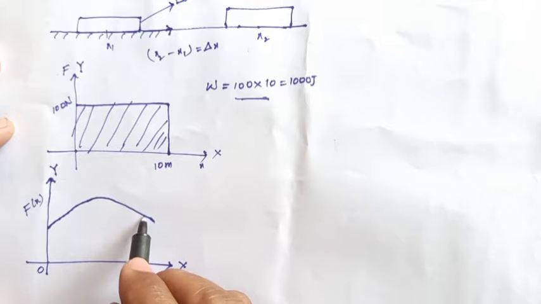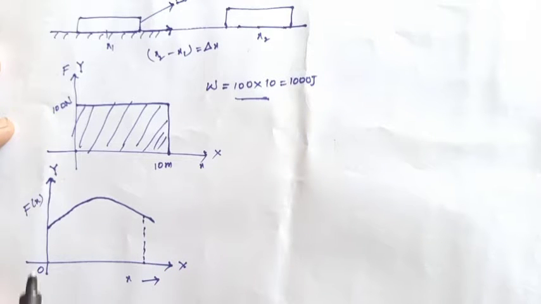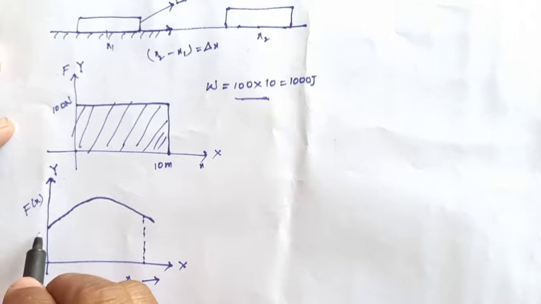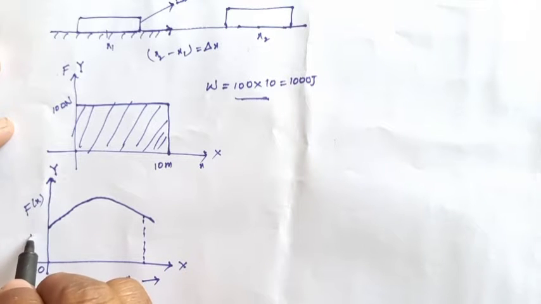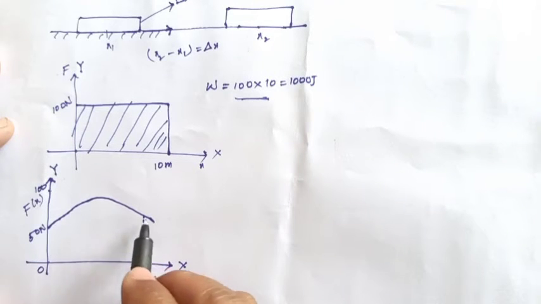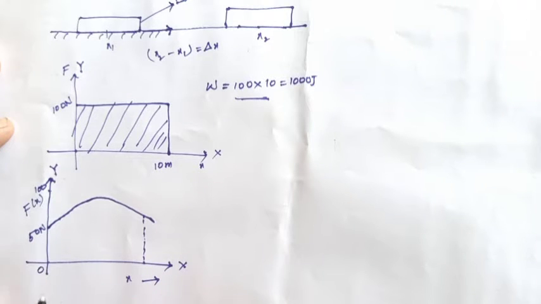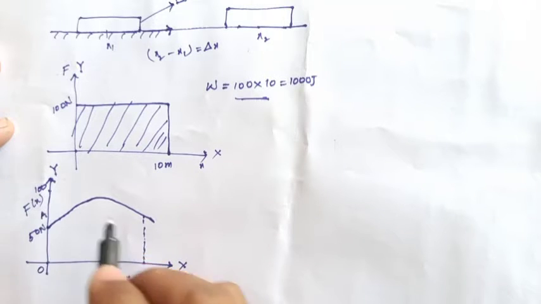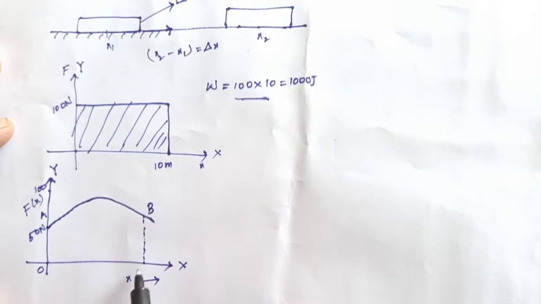For example, it goes up to 50 newtons, then 100 newtons, and again it decreases. The area of OABC, with points O, A, B and C, is taken as the work done on the body.